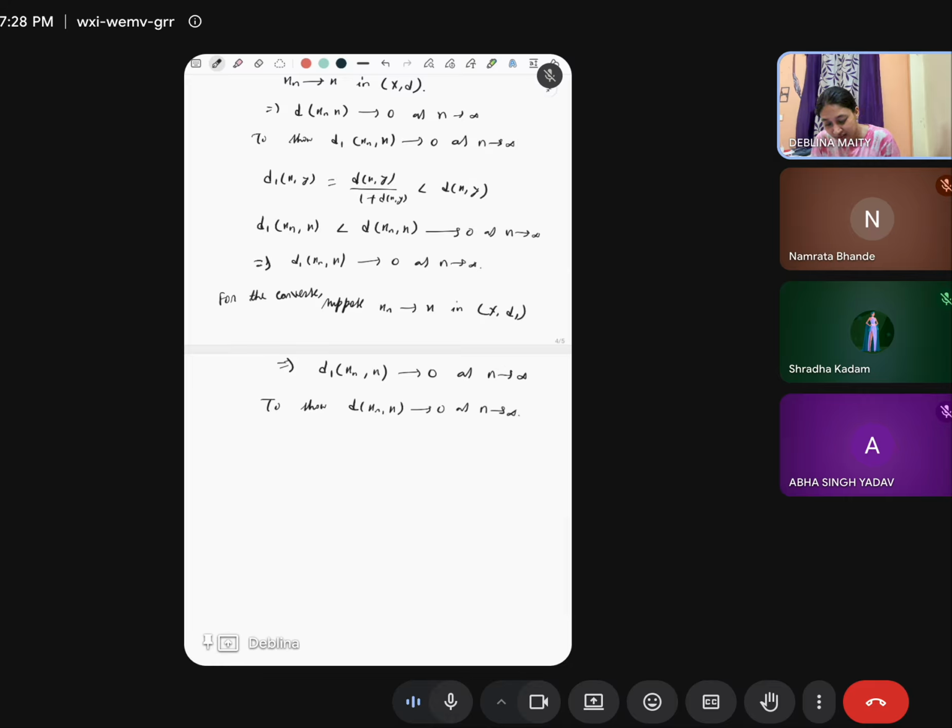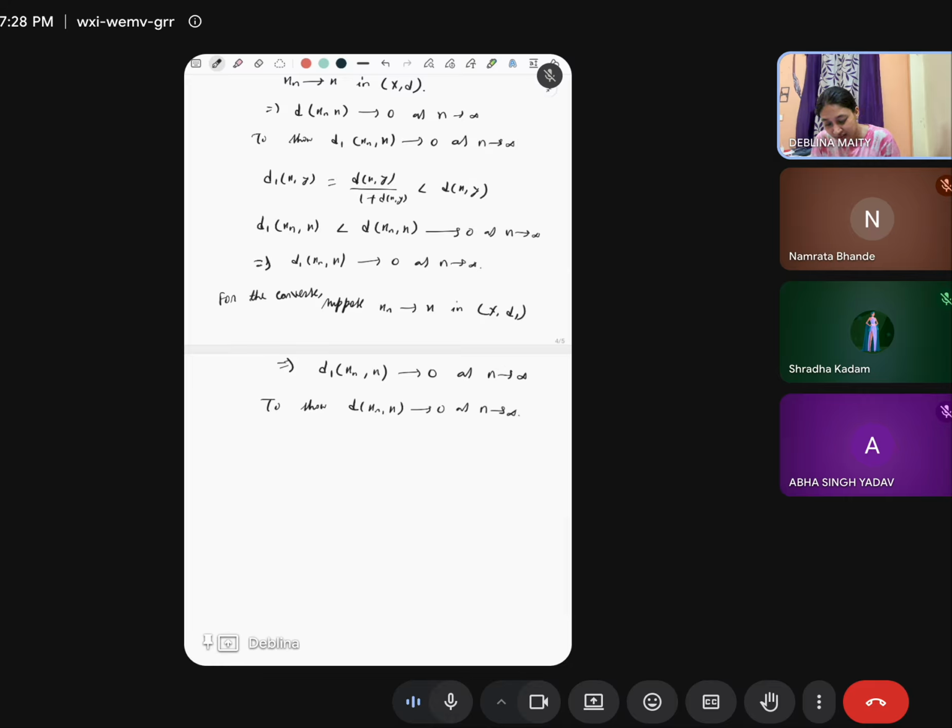So the question is, are d and d star equivalent or not? By theorem 2 we'll prove that these two are not equivalent. We have to think of a sequence which converges in d, suppose, and does not converge in d star.